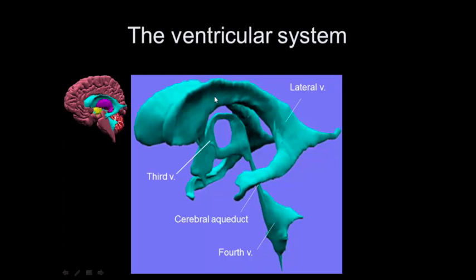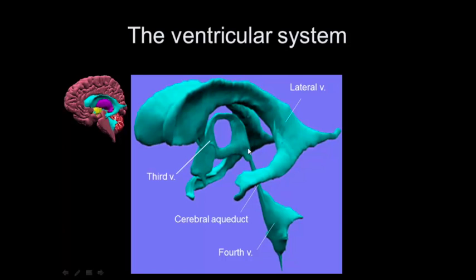Then there is one third ventricle, as I was telling you before, between the two thalami, and here would be between the two halves of the hypothalamus. This looks like a goose. I don't know, do you guys see a goose? Basically, the head of the goose is between the two thalami, and the beak of the goose is between the two halves of the hypothalamus. I'm pretty sure some neuroanatomist is screaming at me right now, but it helps me.